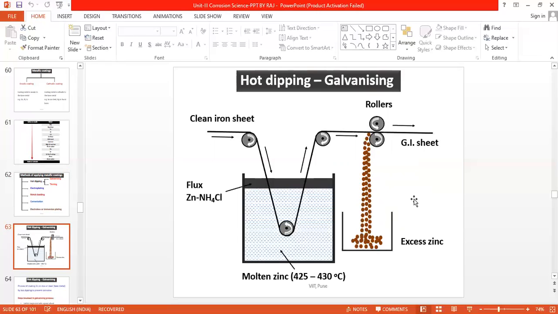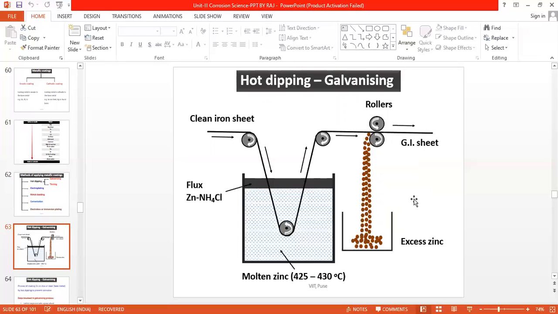So in hot dipping, we are going to protect the base metal, which is iron or steel, by applying a layer of zinc on it. As we know that zinc is placed above iron or steel in the galvanic series, it is a type of anodic coating. This is a particular diagram used for the galvanizing process.